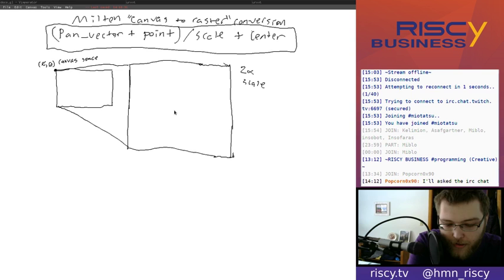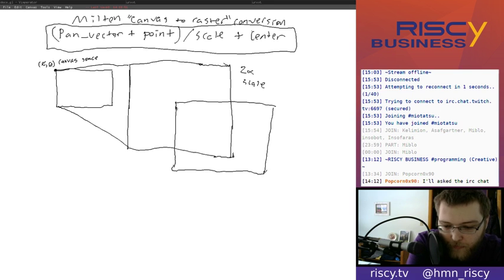And now we're going to say that we have a window here. So what I'm drawing right now is the actual view that we're looking at.